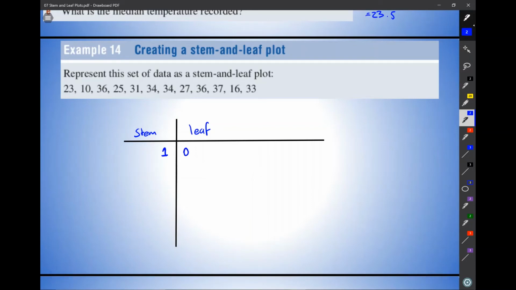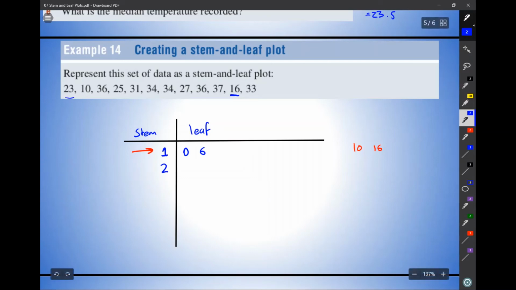Now, are there any other numbers in our set of data that start with a 1? Yes, we have 16. So that means we put a 6 here. So now this line has in it 10 and 16. Now that's the last number that starts with a 1. Now we move on to all the numbers that start with a 2, all the 20s.